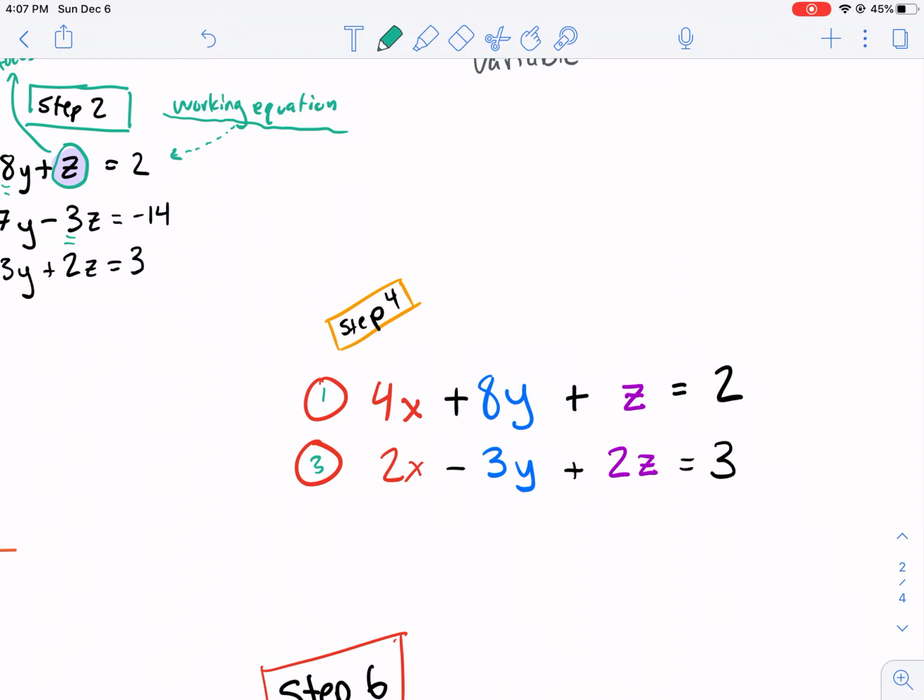That's our working equation. Now we're pairing up with number 3. As before, we need to make sure our coefficients are opposites. They're not. Luckily, 1 is a factor of 2 with our z variables, so we only need to multiply one of the equations. Otherwise, if one's not a factor of the other one, we'd have to multiply both. That is not the case.